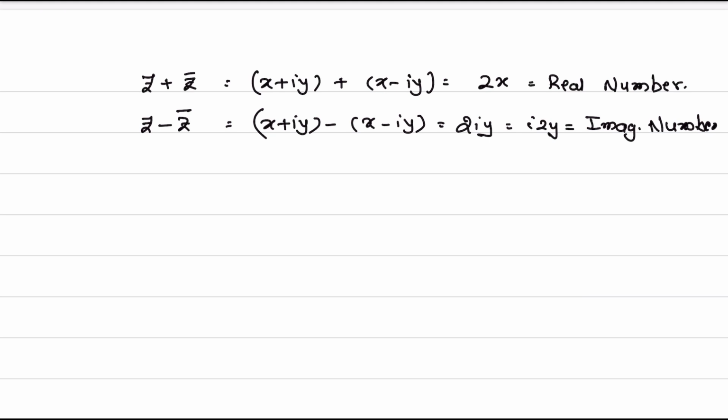The difference of the original complex number and the conjugate of the same complex number is an imaginary number, while the addition is a real number. This is very, very important. Please remember these two. They look simple, but they have a lot of applications in engineering and sciences.